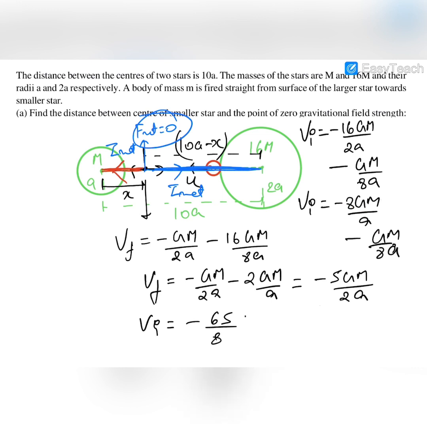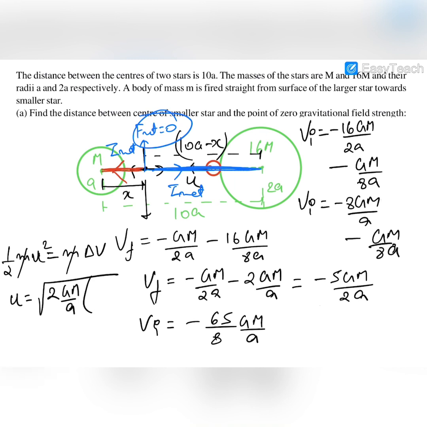So the kinetic energy given is half mu squared, and that would be equal to the work done against gravity, and work done against gravity will be m delta V. So cancelling this m with m, u will be equal to under root of 2 delta V, and delta V will be GM by a, and this is 65 by 8 minus 5 by 2.